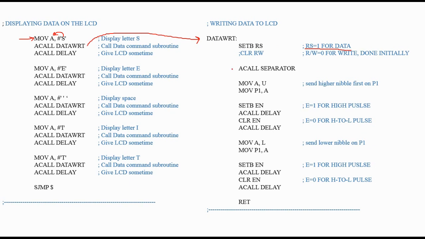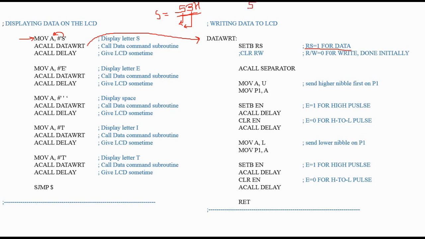Then ACALL separator, because S has the ASCII value 53. Okay, that ASCII value is represented in the form of hexadecimal. So firstly 5 should be sent to port P1 and later on 3 should be sent. So we need to extract 5 and 3 from this data.